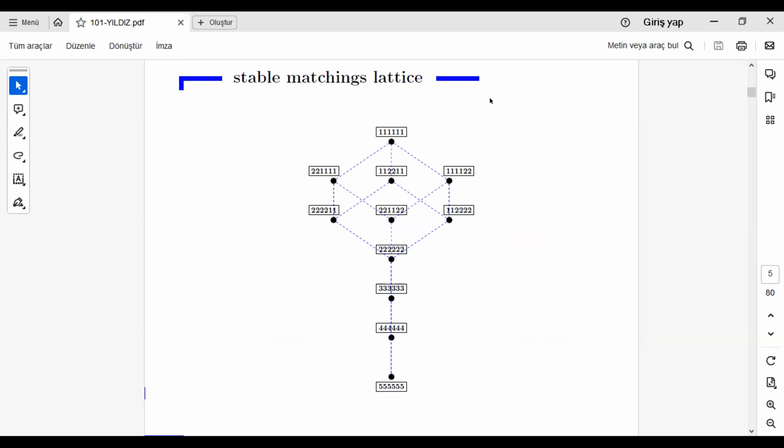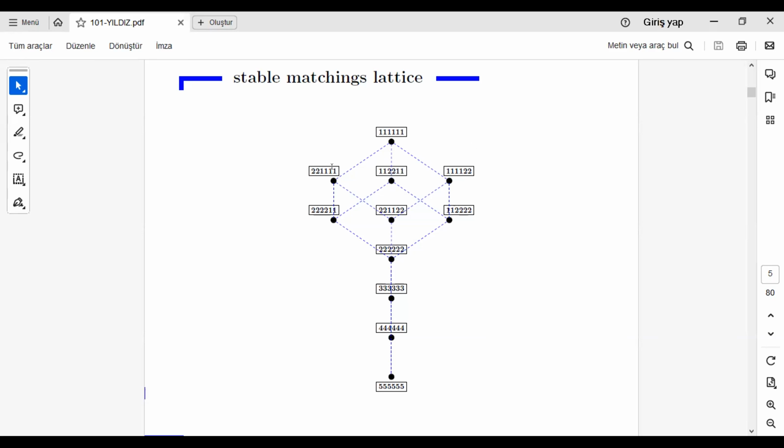This gives me the opportunity to mention a very important property of the lattice, namely polarity. Take, for example, the matching over which it's written 2, 2, 1, 1, 1, 1. That means that in this matching, the first 2 men are getting their second best women, and the other 4 men are getting their first best.